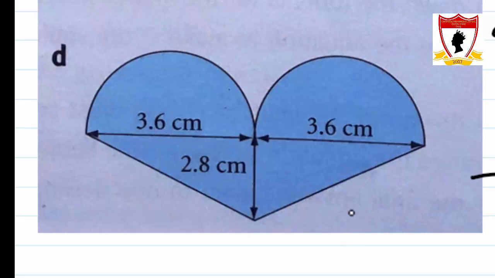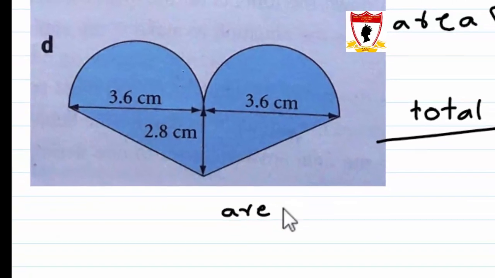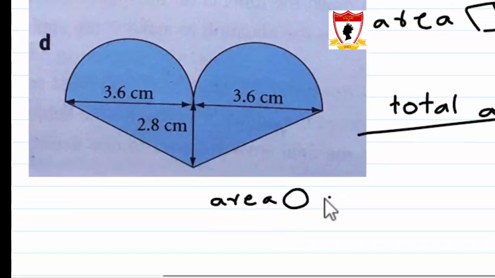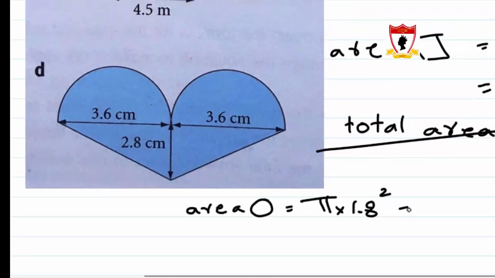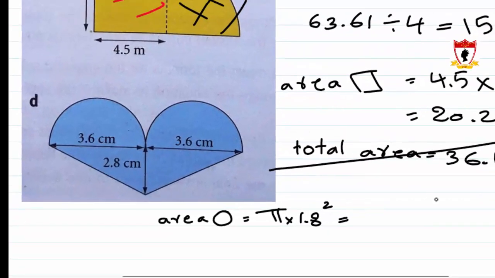What about the radius? The radius is 1.8. So the area of the circle is pi times 1.8 square, which is 10.17. This is the area of the circular part.